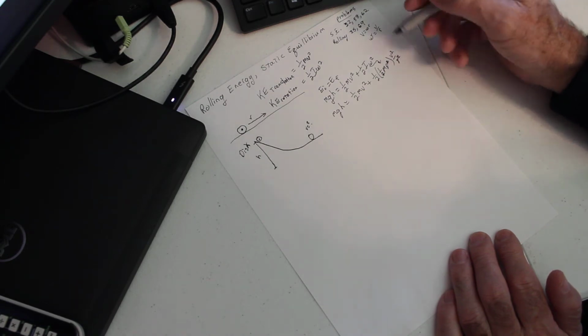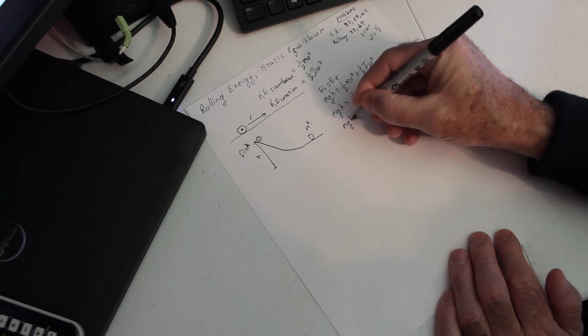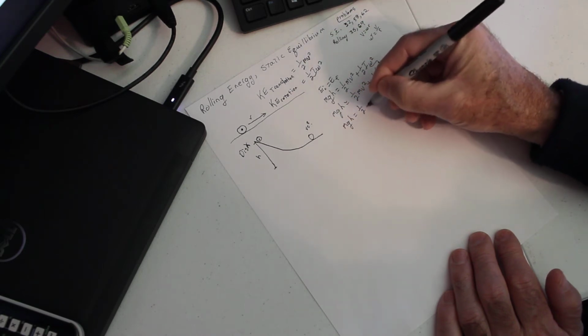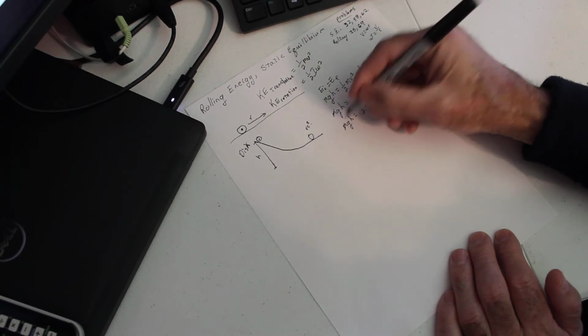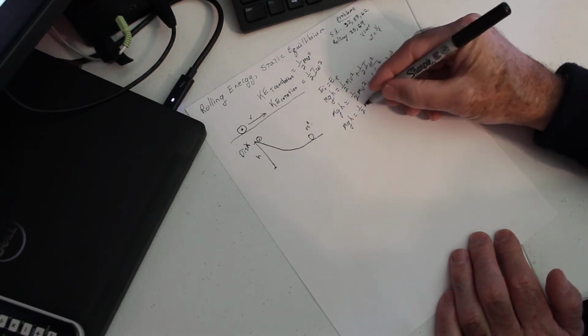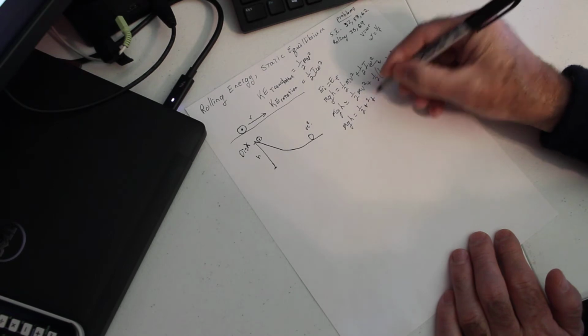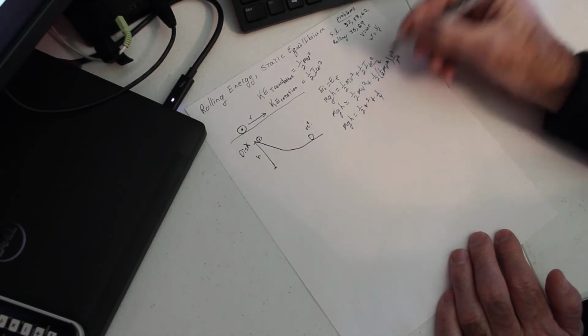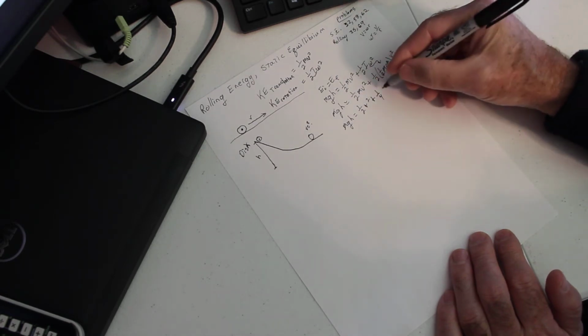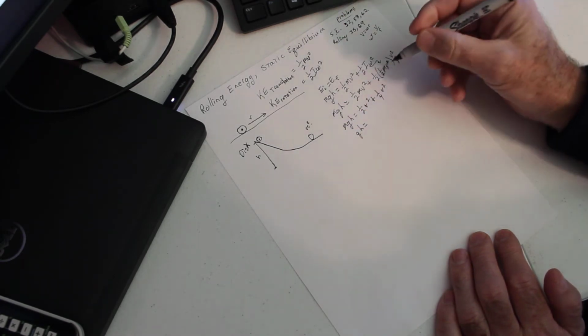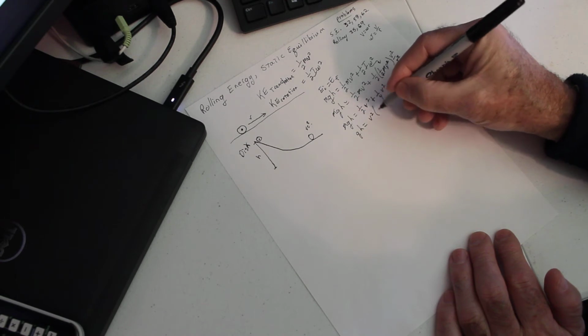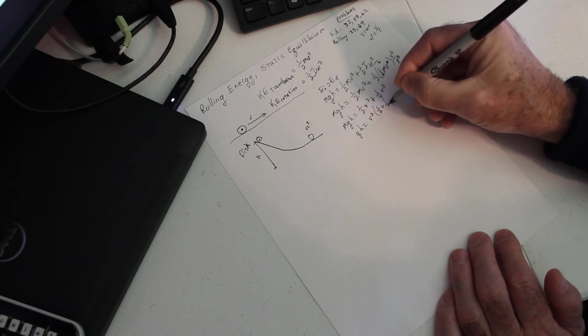When those cancel out, then we have that mgh is equal to 1/2. Actually, we can cancel out all the m's too, just to make life easier here. So gh is equal to 1/2 v squared plus 1/2 times 1/2 is 1/4. All that cancels out and we're left with just v squared. Or we can say that gh is equal to v squared times 1/2 plus 1/4.